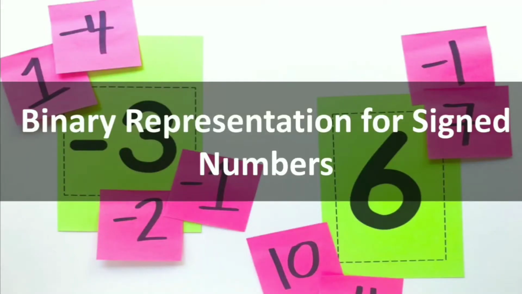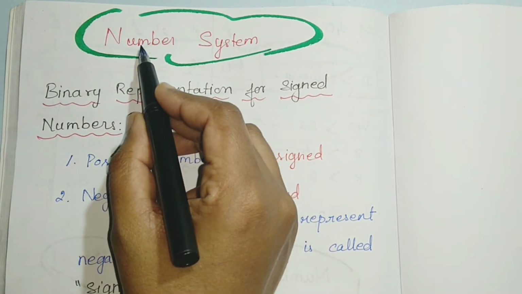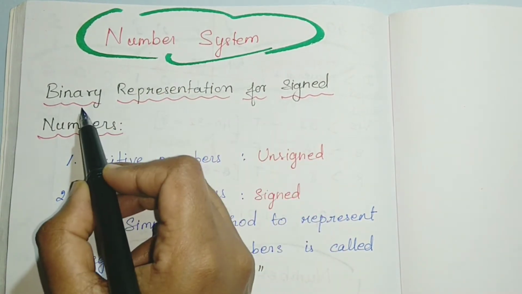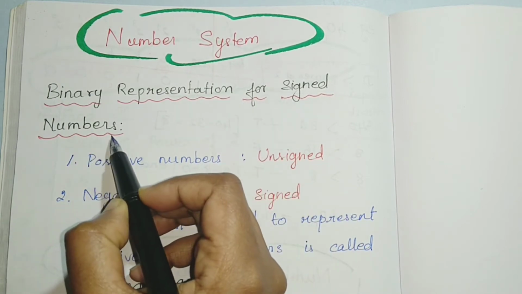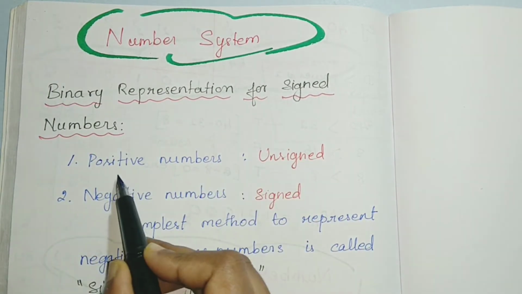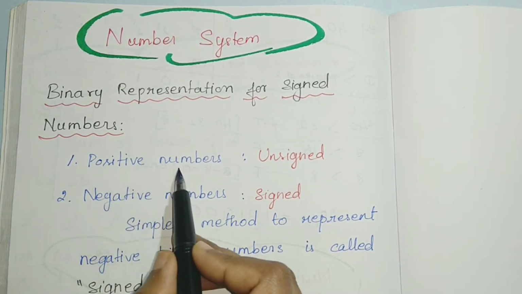And in this class, you are going to learn binary representation for signed numbers. In today's class, Chapter 2, that is number system, you are going to learn binary representation for signed numbers. So numbers, we do have positive numbers and negative numbers. What are positive numbers?